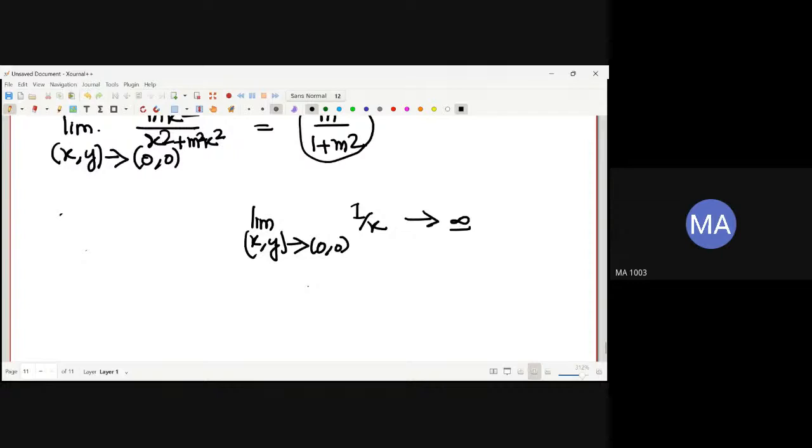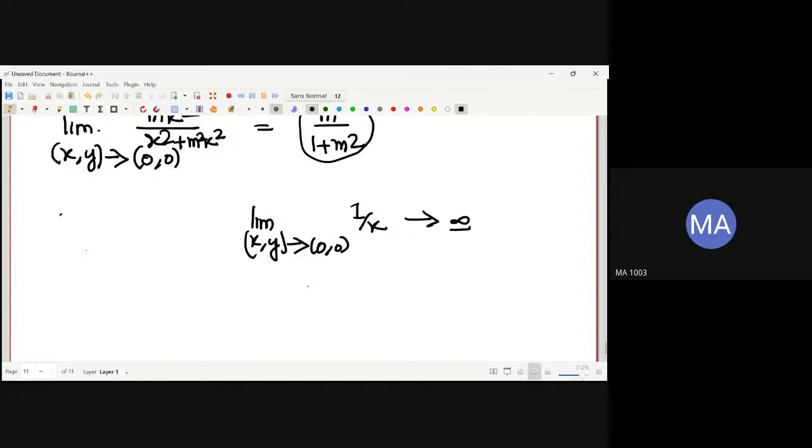You can't say that the limit exists. There can also be some other line or some other curve where it is different. For example, there can be some different path. If you are coming to 0, 0, you can come using this path, let's say, which is not a line.